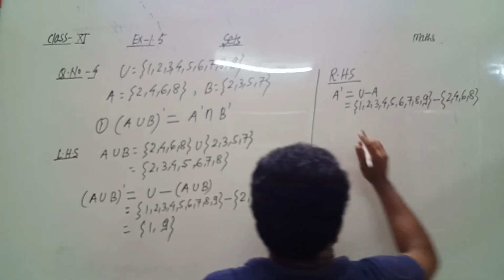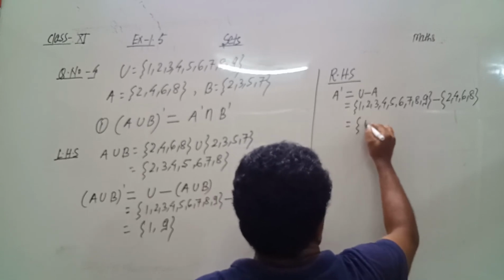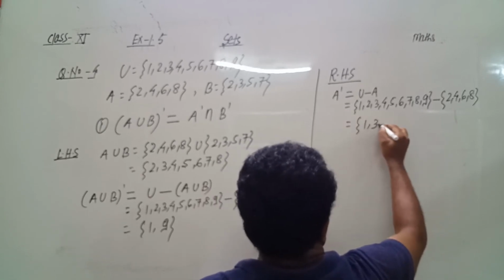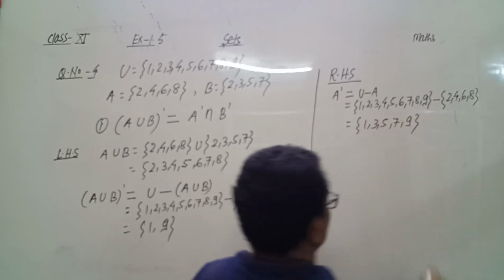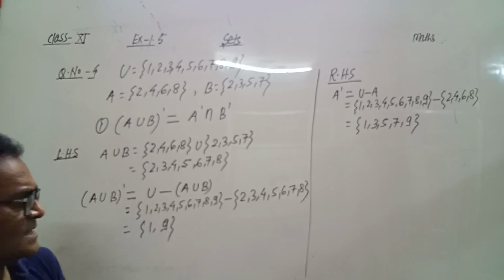When we exclude 2, 4, 6, 8, we get 1, 3, 5, 7 and 9. This is the value of A dash.